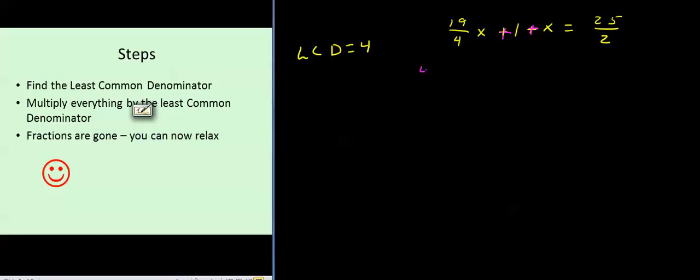So I have 4 times 19/4 x plus 4 times 1, keep my colors consistent, times 1 plus 4 times x equals 4 times 25/2.